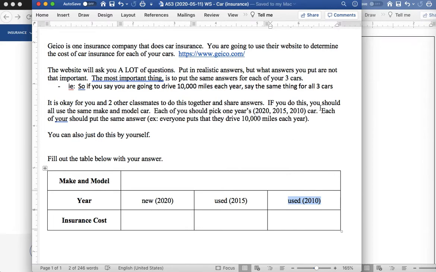The important part is, even though there's 3 of you doing this, you should all still put the same answers for the questions. So this would require you to coordinate. If that seems like a lot of work, trying to get 2 other classmates together and coordinate your answers, you can always just do this by yourself. That is perfectly fine.